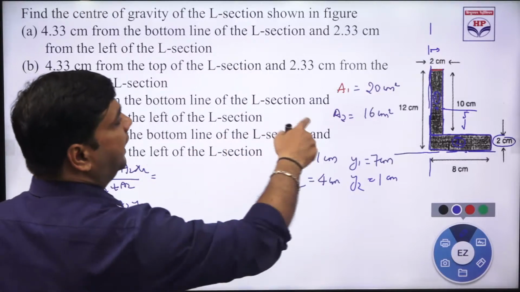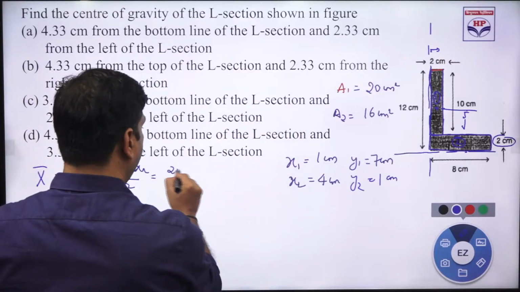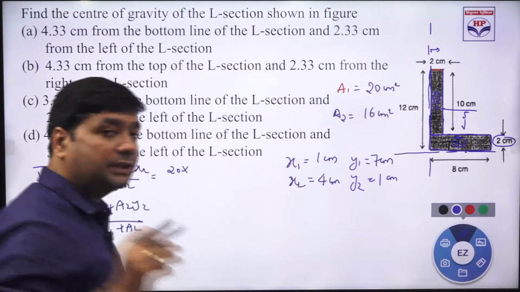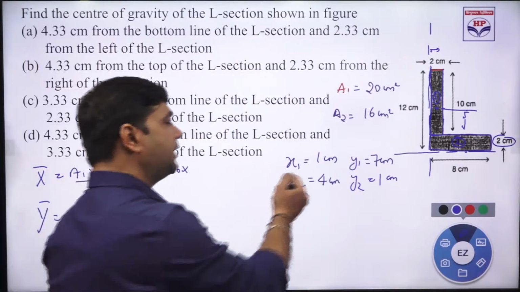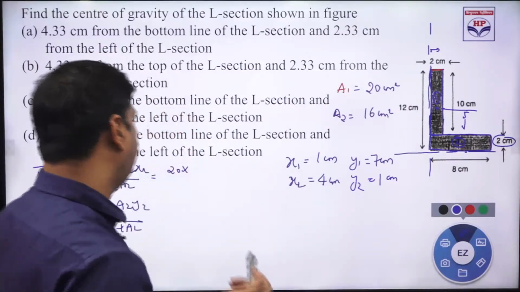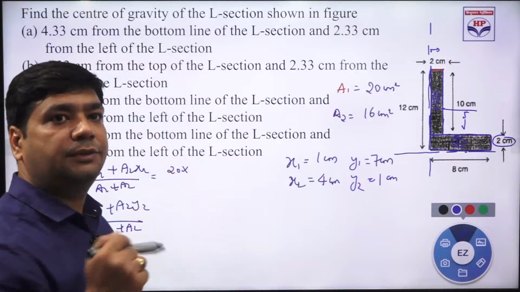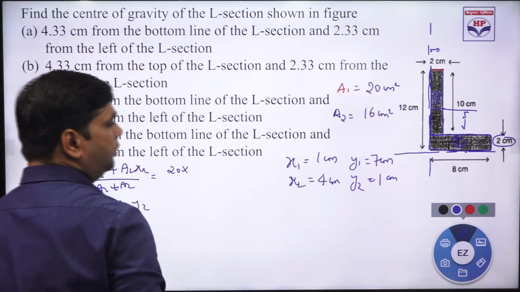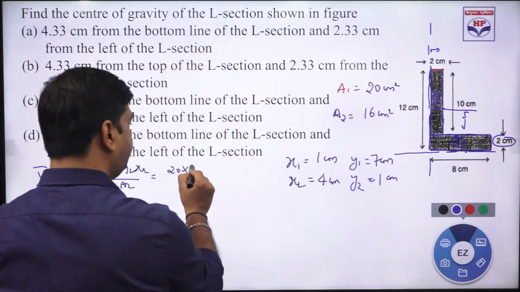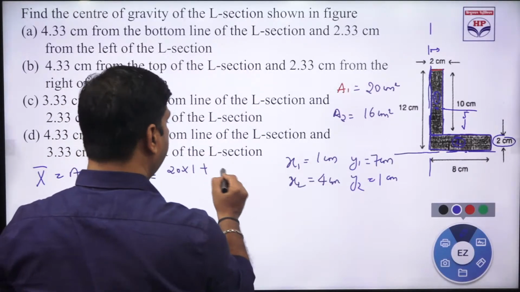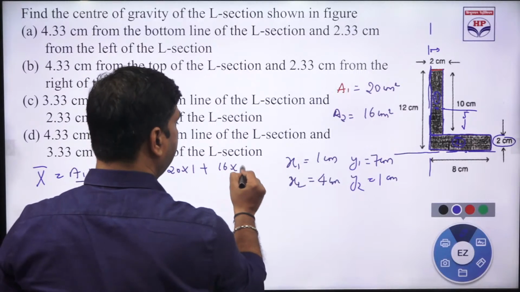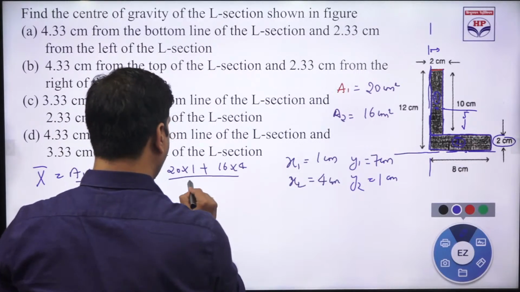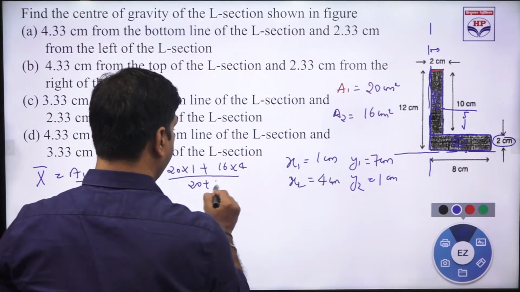A1 has value 20 multiplied by x1. But you have to remember how to take x1, x2 and y1, y2. If you do not make a mistake in taking x1, x2 and y1, y2, you will not find difficulty. Plus A2 value is 16 into x2 value 4, upon 20 plus 16.